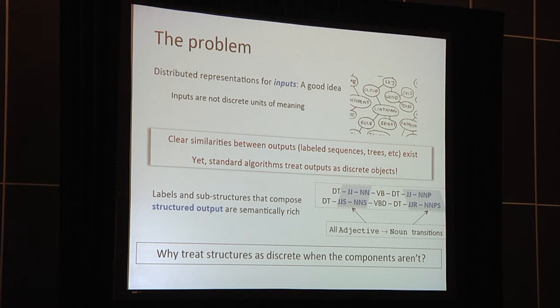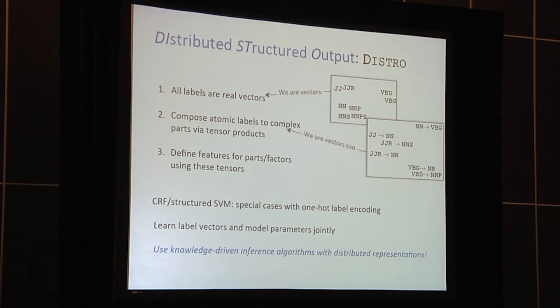They are just minor variations. And all the JJs are adjectives, and they form a cluster that's closer to each other than all the other labels, for example. But as I said, despite clear similarities between outputs, standard models do not take advantage of these similarities, so that's the starting point of this paper.